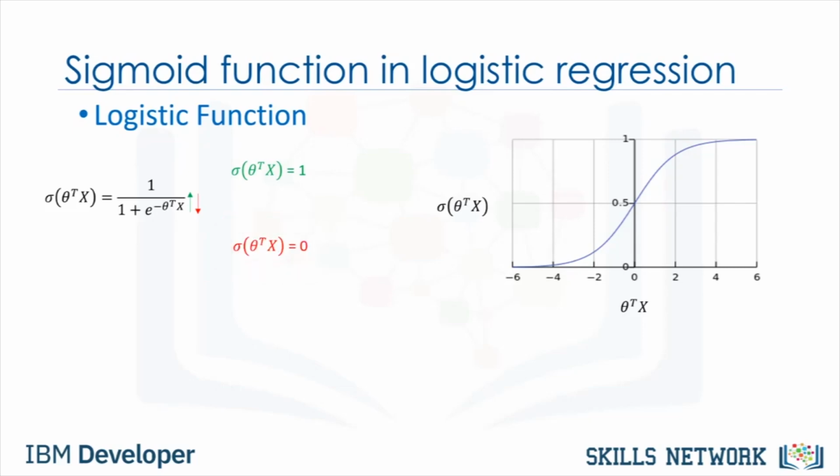Depicting it on the sigmoid plot, when theta transpose x gets bigger, the value of the sigmoid function gets closer to 1. And also, if theta transpose x is very small, the sigmoid function gets closer to 0. So, the sigmoid function's output is always between 0 and 1, which makes it proper to interpret the results as probabilities.